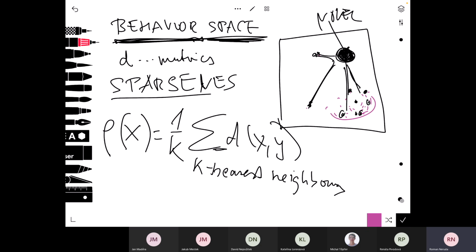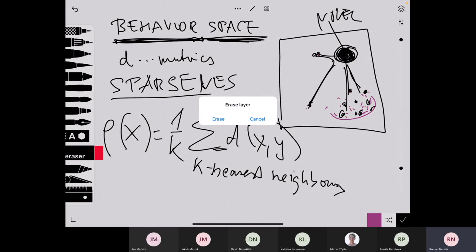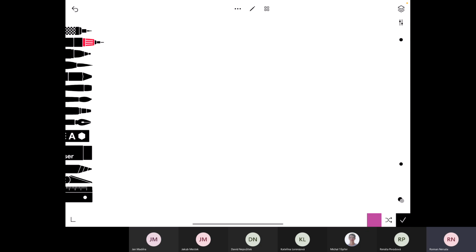These guys are behaving pretty much the same. This is the novel one. So how do we use this sparseness in the algorithm? The algorithm of novelty search is actually pretty easy. We already know the scatter search and everything. The main idea you should remember is that we are concerned with distances in the behavior space, right?